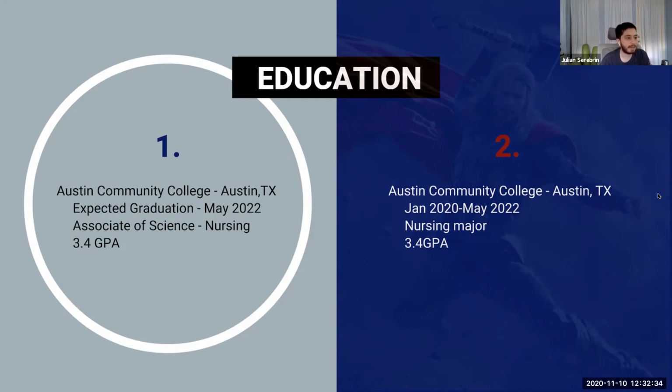Another thing is putting the name of your degree in there. Instead of just putting that you were a major in something, putting, for example here, an Associate of Science in Nursing. That one is more specific. It tells exactly what you studied and what level you studied it at. And it also just sounds more professional, like saying you're an associate of science rather than a major in nursing.